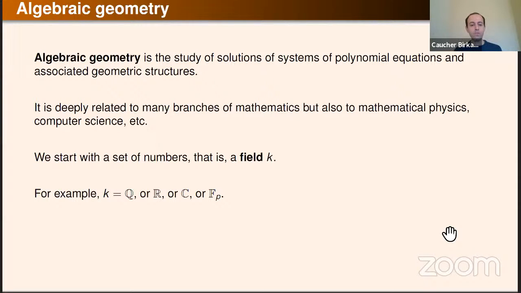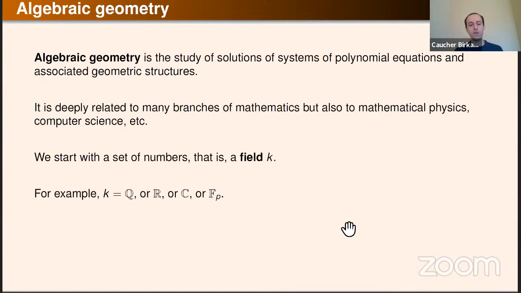Now, to do algebraic geometry, we need to start with a number system. That is just a set of some kind of numbers with a reasonable structure on it. To be more precise, we need to start with a field. Now, mostly we work with these examples. For example, we can start with the rational numbers, real numbers, complex numbers, or even finite fields.